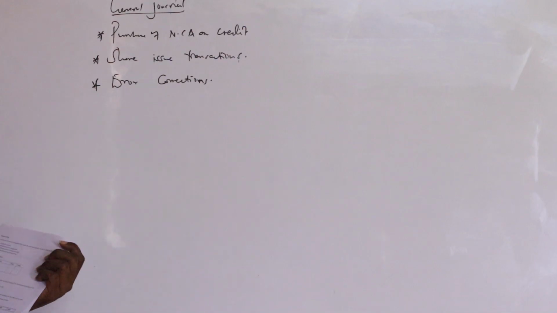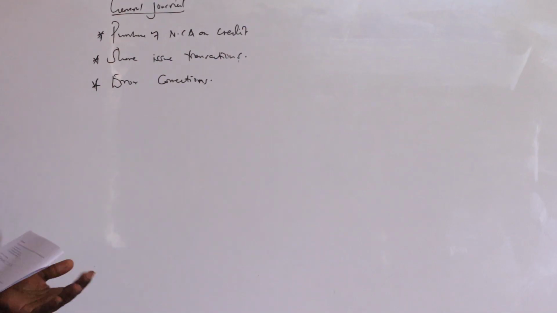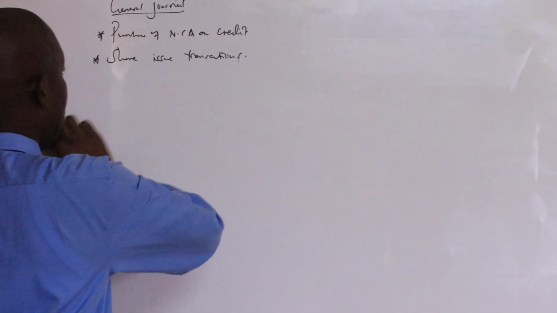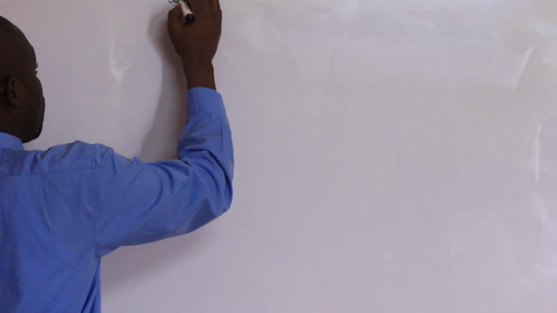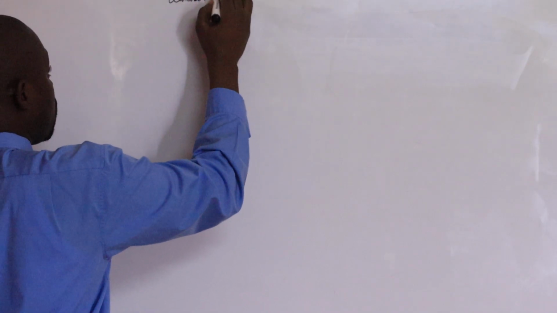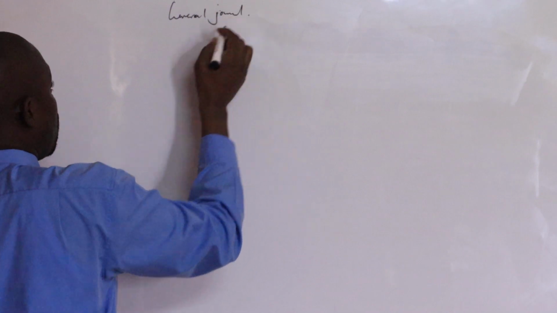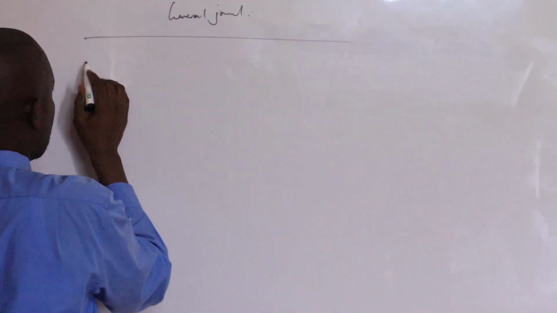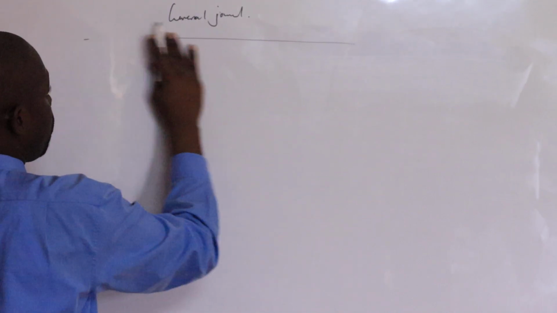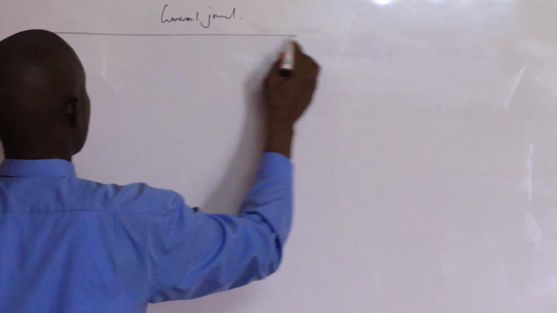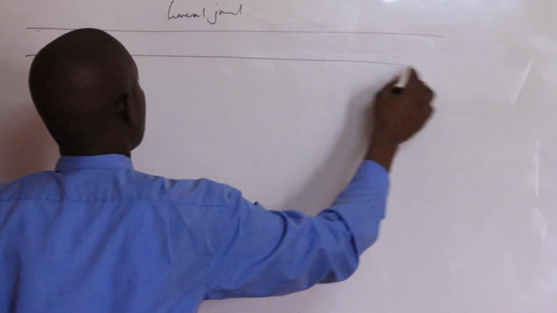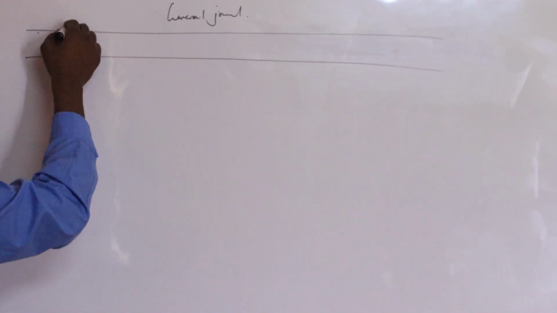I have a question I had done that will help us to see how the general journal looks and how we record it. Let me show you the structure, then I do the question that I have, which also shall feature in your notes. So the general journal looks like this. I'll draw a big one because I want to use it also for doing some questions.